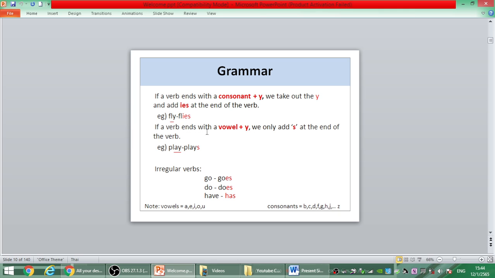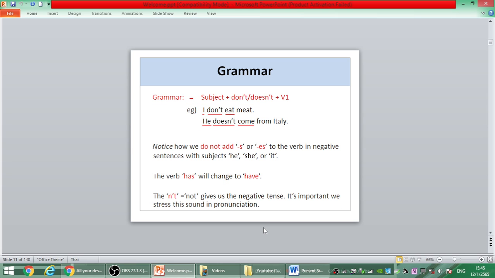If a verb ends with a vowel plus the letter Y, we only add S at the end of the verb. So here we have A, a vowel, plus the letter Y becomes plays, only an S. Irregular verbs: go becomes goes, do becomes does, have becomes has.